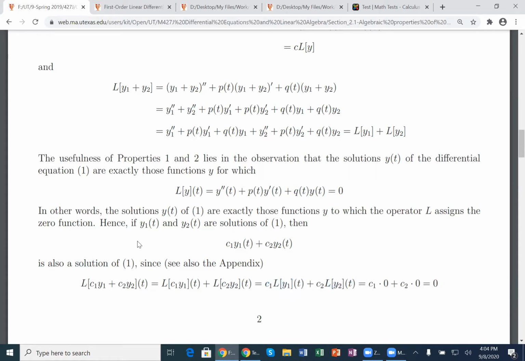Here's what we do next. Y1 is a solution. What does it mean? A solution means that you replace y by y1, and after all simplifications, the result is 0. It's exactly how we jump from here to here. Since y1 is a solution of this equation, L of y1 is 0.